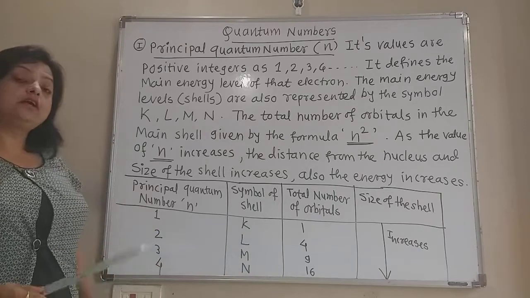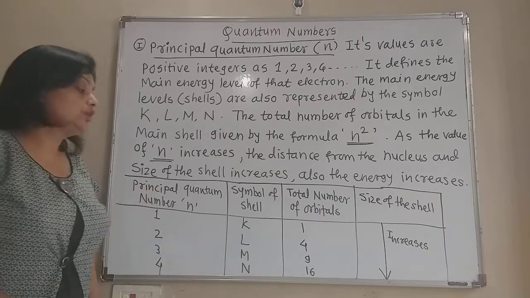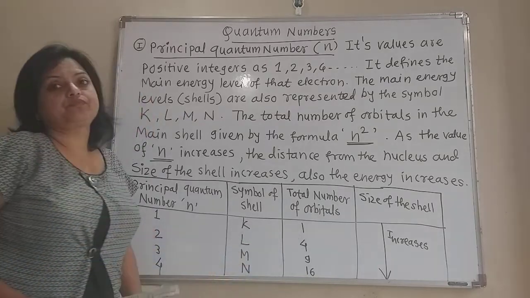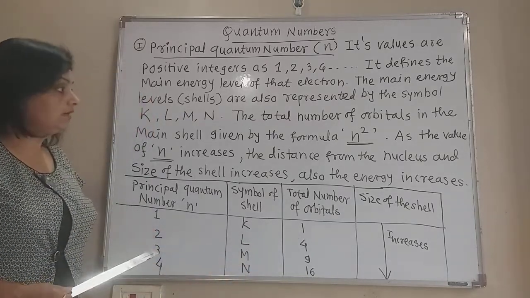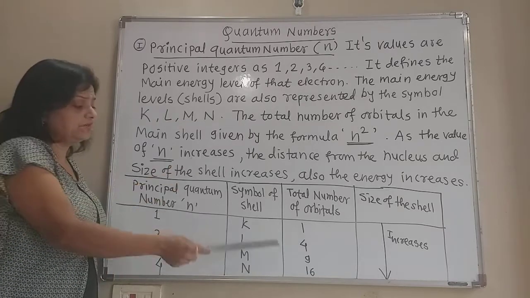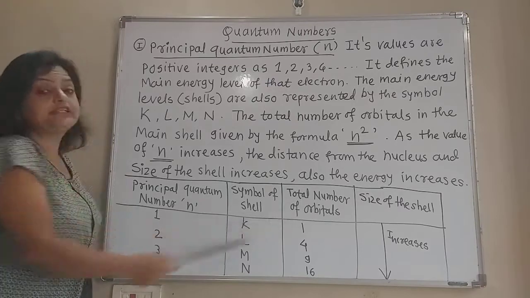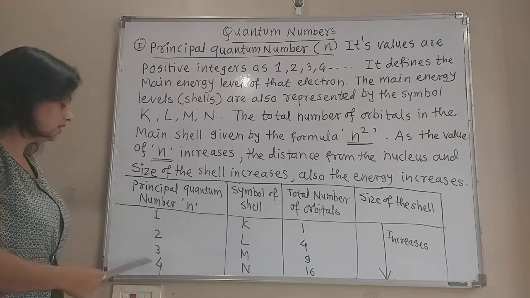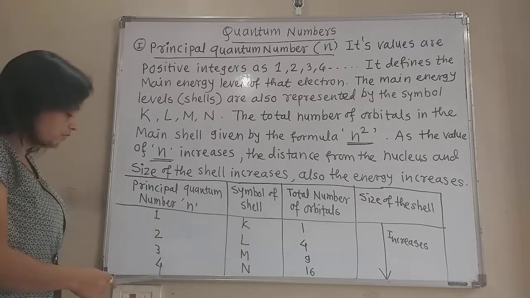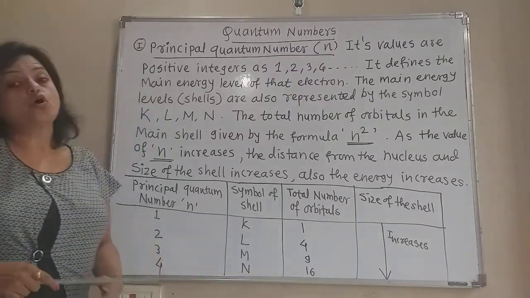So in the second main energy shell there are totally 4 orbitals. Again, if n is equal to 3, then 3 square, that means 9, is the total number of orbitals in the third shell. In the fourth shell, there are totally 16 orbitals.